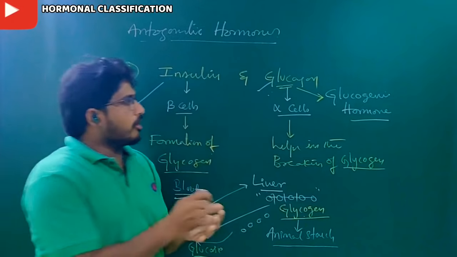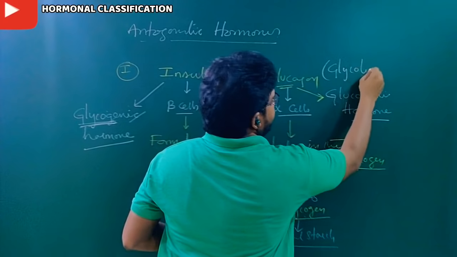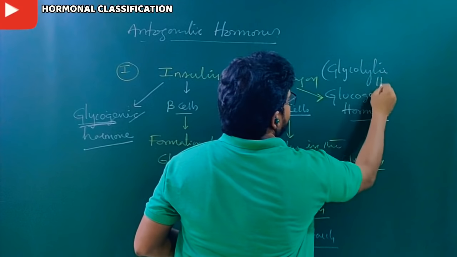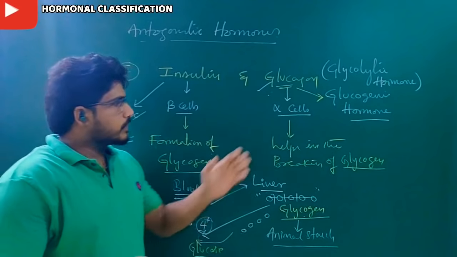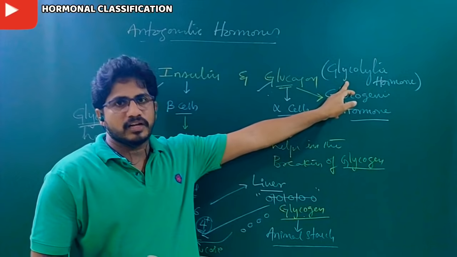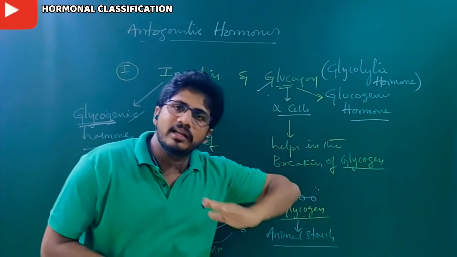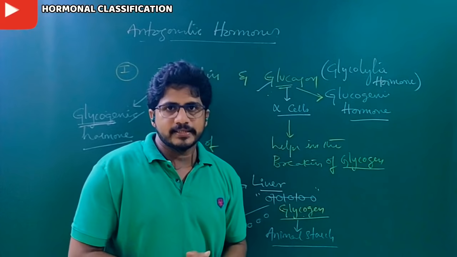Glucagon is also called glycolytic hormone. Why? Glucose will be formed by the breaking of glycogen. Until glycogen is cut, glucose will not be released.